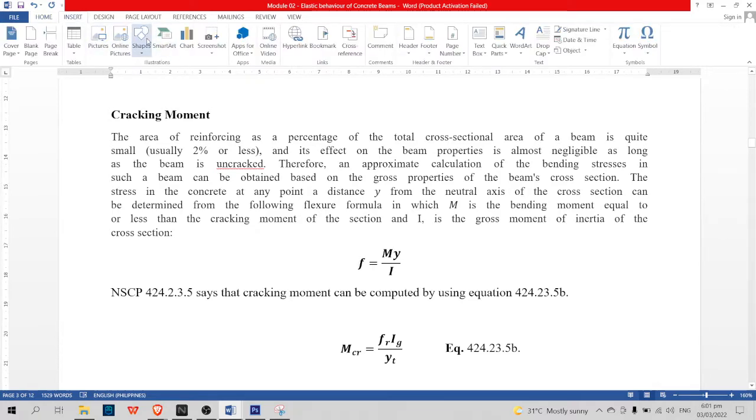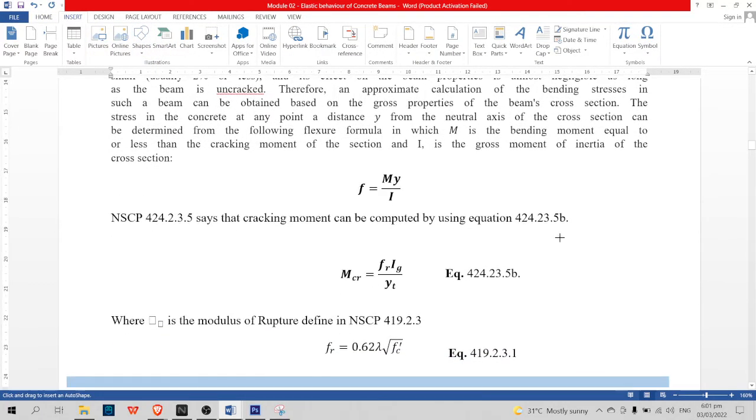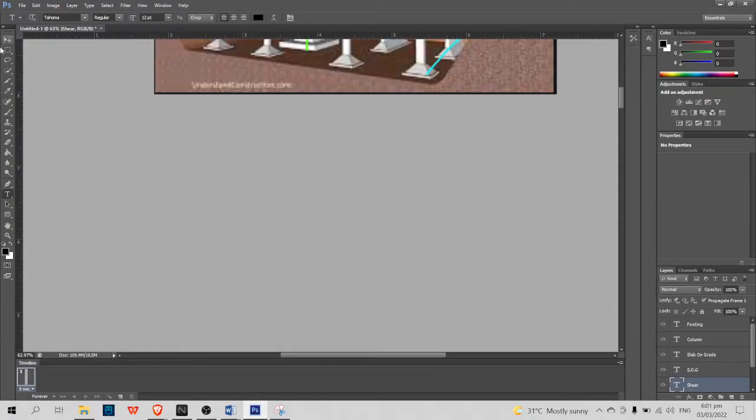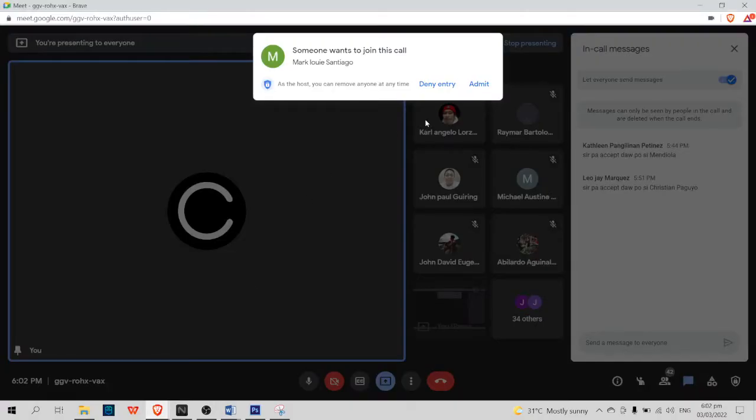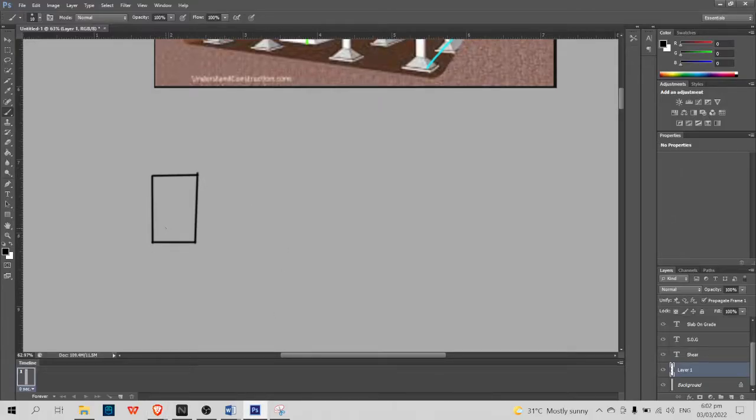So, ang tinutukoy niya dito, concrete beam daw kasi, yung reinforcement dito, sabi niya, is usually around 2% of the total area. Yun yung tinutukoy niya.